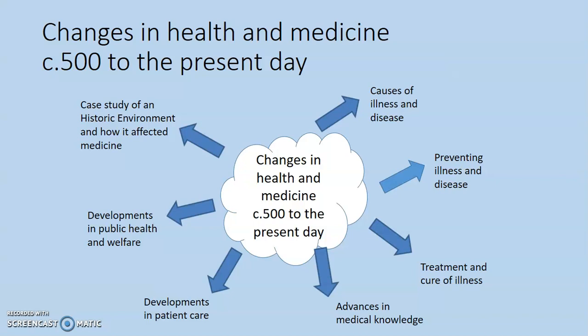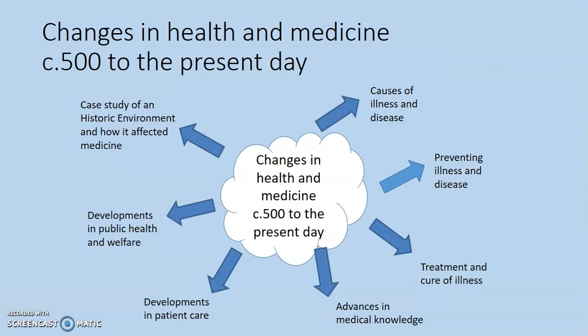In terms of changes in health and medicine, it's very much a broad, sweeping study of what's happened in health and medicine across time, all the way from the medieval period, uses of leeches and trepanning, through to the Renaissance and the rediscovery of ancient thought and inventions such as the printing press, spreading medical ideas, dissection, development of medical treatment, different diseases across time.